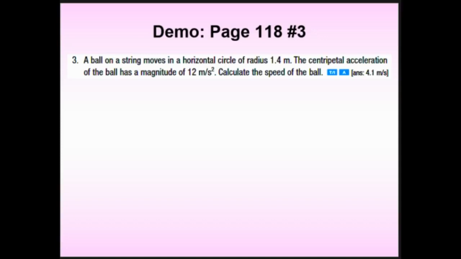Okay. Do you think we need a diagram? You are more than welcome to draw one, but I think it's straightforward. So go ahead. AC equals V squared over R. Okay. What do I know of these three? I know AC, and I know R. And I'm solving for V squared.